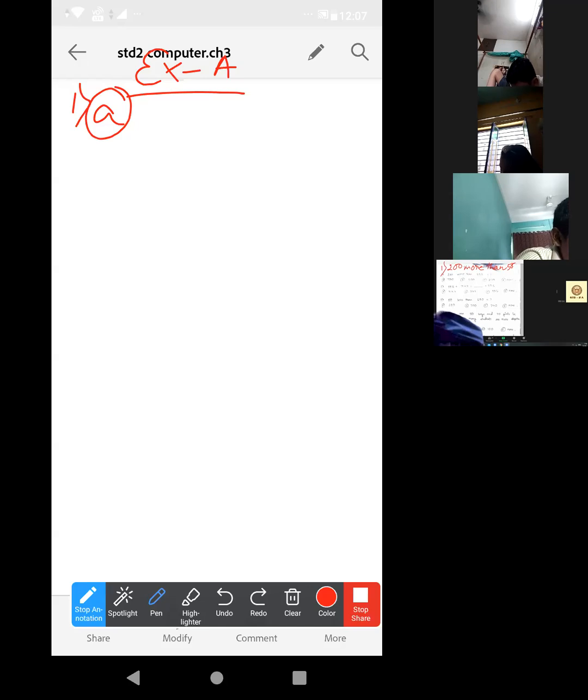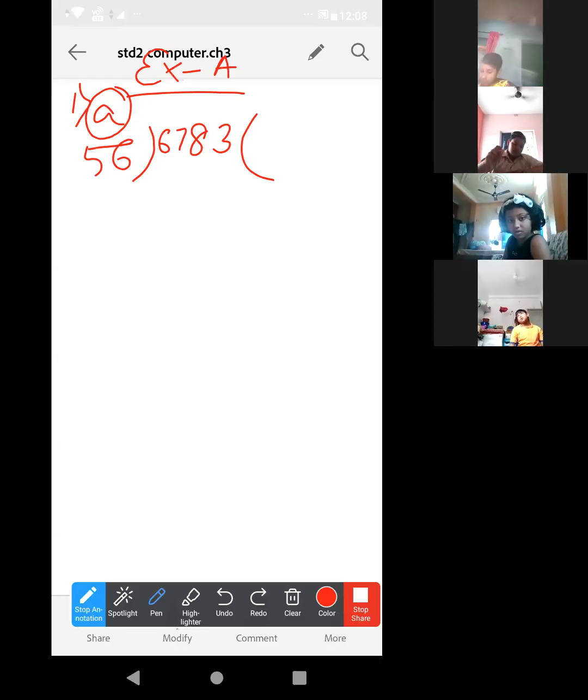1A. We have to divide 6,783 by 56. We don't know the table of 56, though. Then how to do this type of problem? Basically, this is a 2-digit number, so take 2 digits first.